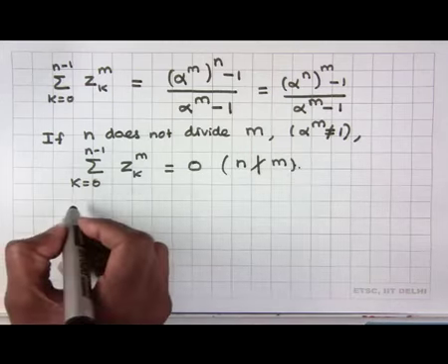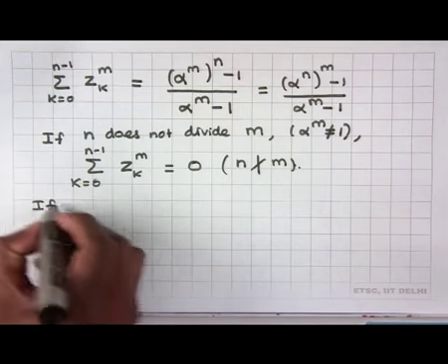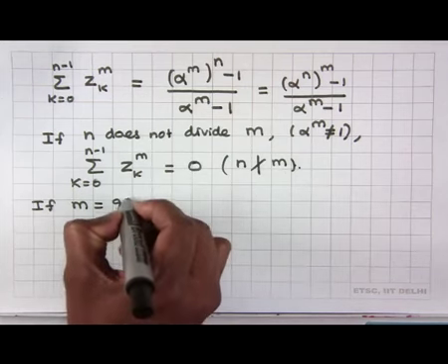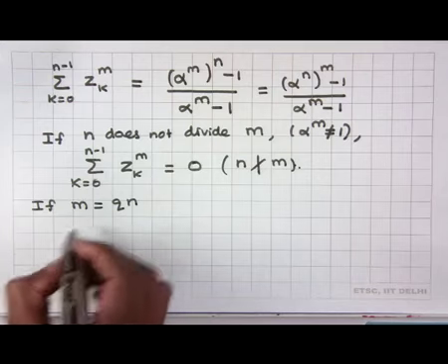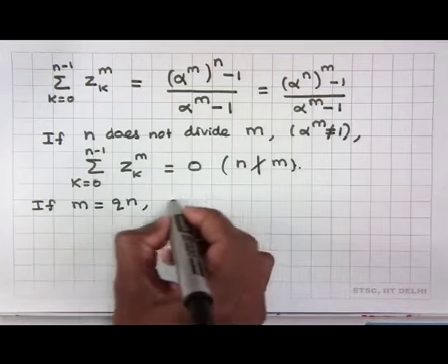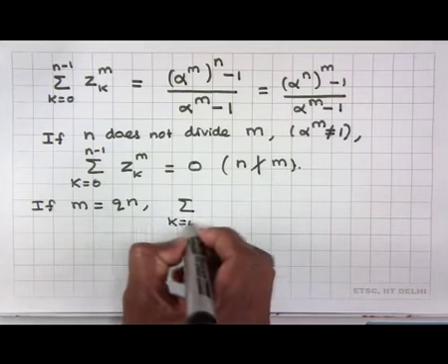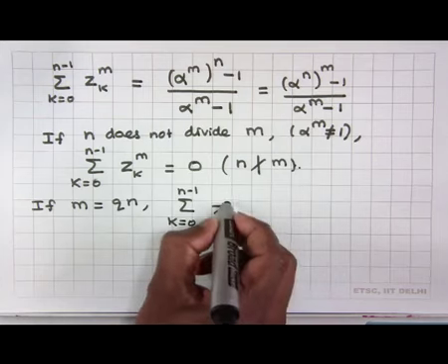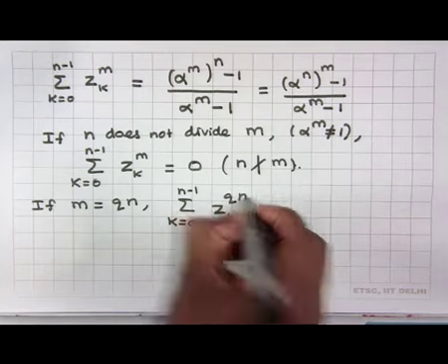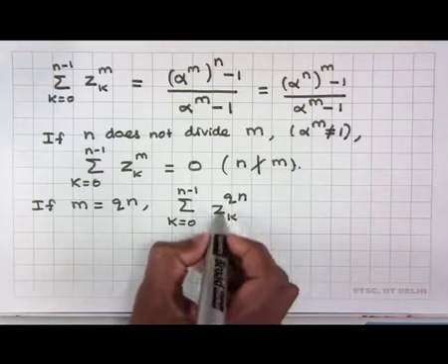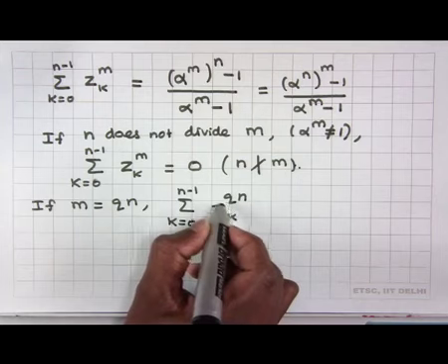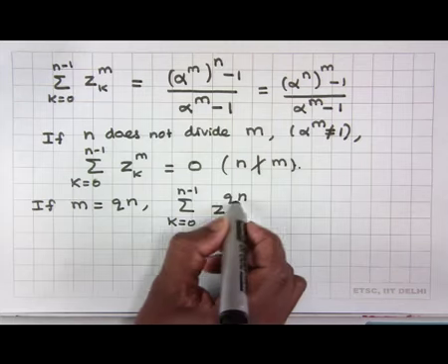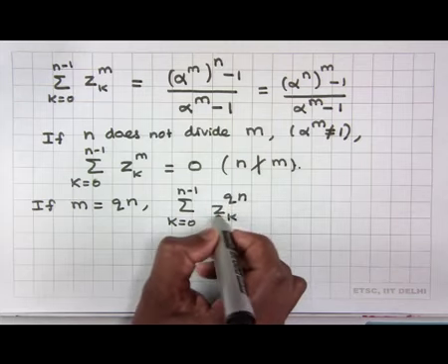Suppose n divides m, which means that m is given by some multiple of n, say m equals q n. In that case, the summation k from 0 to n minus 1 of z_k, raised to the power m, which is q n, and we already noticed that for an nth root of unity, its multiple of n power will always be 1.